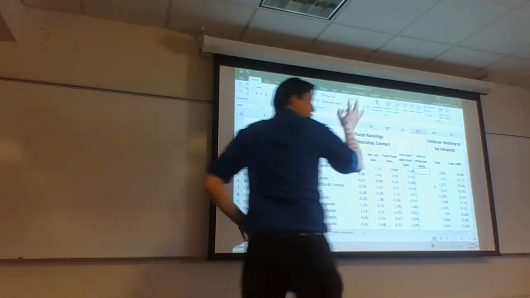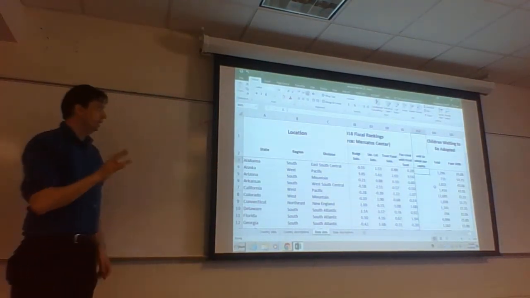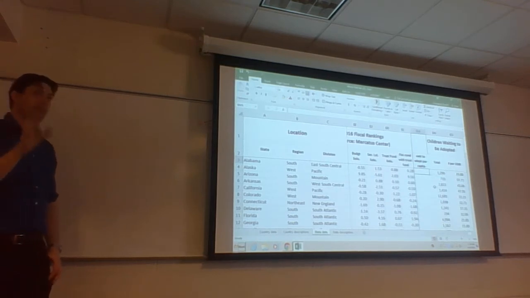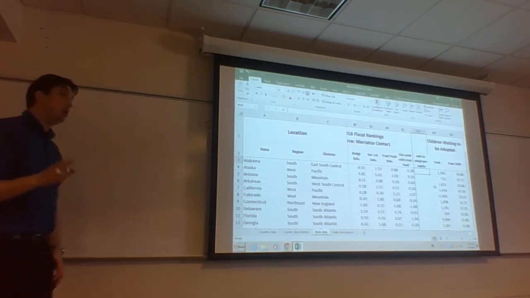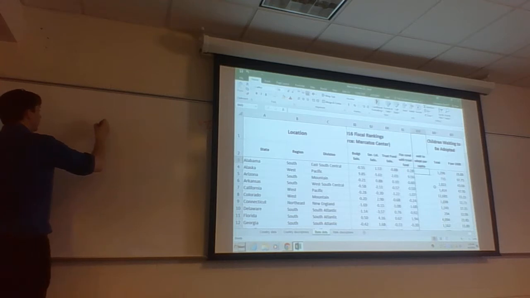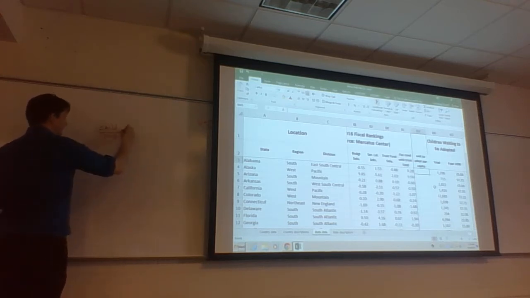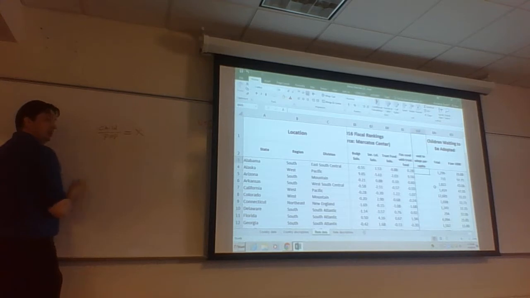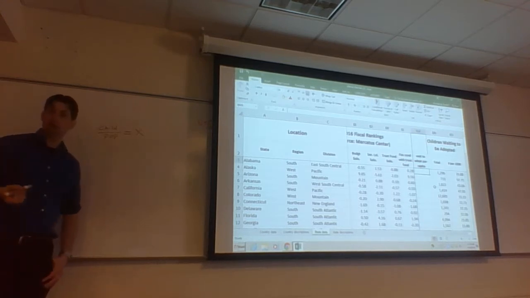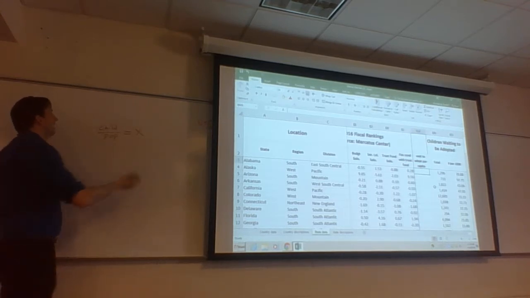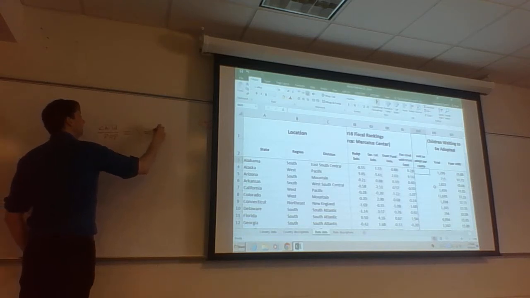We want to find a new variable that is children waiting to be adopted per capita. If we take the children divided by the population, we would get some new variable x. Agreed? Some new number x. We recognize that that is the same thing as x divided by 1.